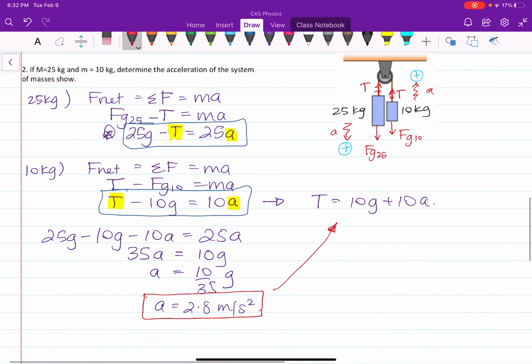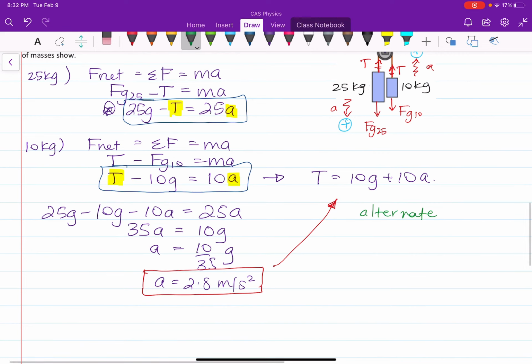Another way to do this, if we wanted to look at this from the alternate way, remember we can always group things as a system. Now what you have to think about is two masses, so it's like 25 and 10 kilograms. The thing that's interesting is that the different forces of gravity are operating in opposite directions. So if you take the direction of acceleration to be positive, let's just say this would be the force of gravity on the 25 kilogram, and this would be the force of gravity on the 10.